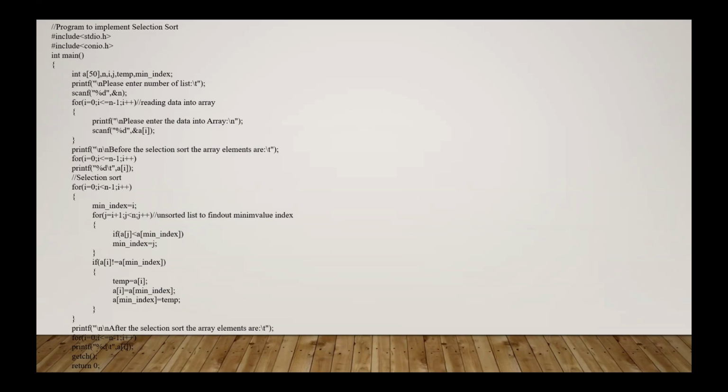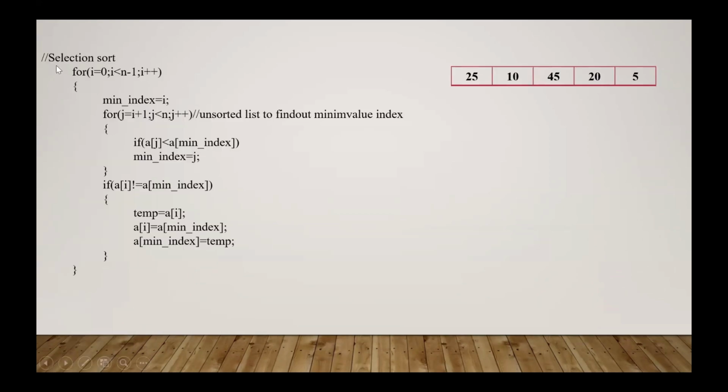Whenever the selection sort algorithm is implemented, this is the part of the main function. This is the main thing we have to understand, how the operation is performed. I think most students already understand this one, but let me explain once again. Here, for i equal to 0, we store the value of i in min index. Min index is the index of the minimum value.